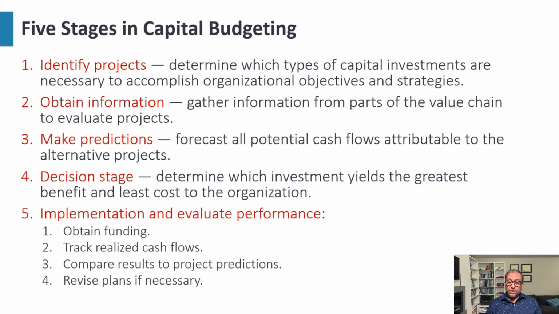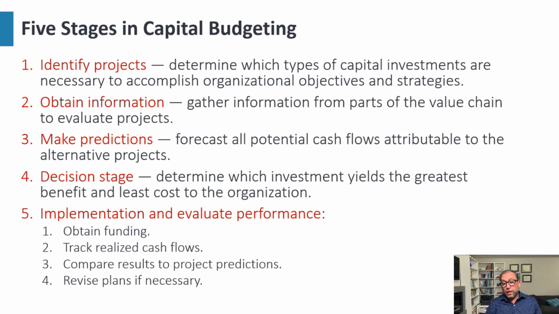Then with all these proposals and their cash flows, we have to present them to a decision-making body like a board of directors, where they have to assess which project is good to take. So decision stage: determine which investment yields the greatest benefit and least cost to the organization.